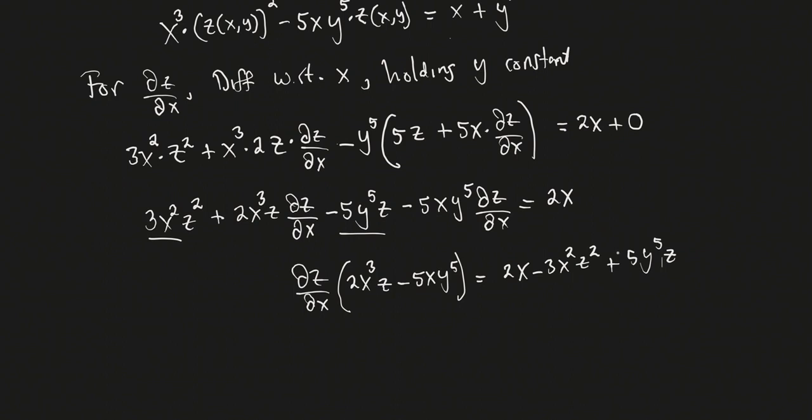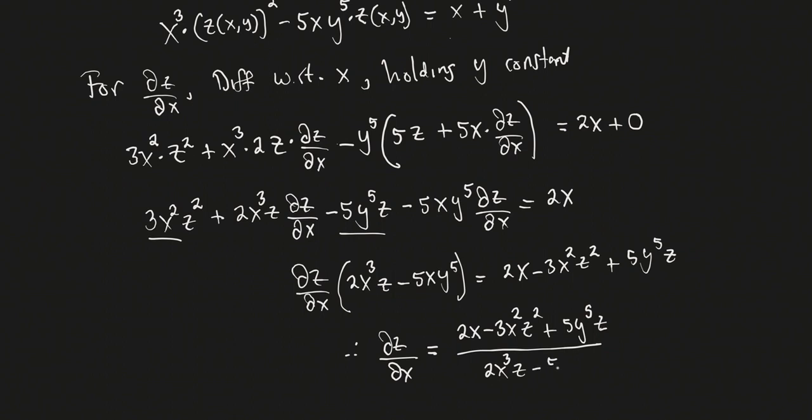And then divide both sides by what I have in parentheses. So therefore, our partial derivative of z with respect to x is equal to all of this divided by what's in the parentheses. So our 2x minus 3x squared z squared plus 5y to the fifth z, all divided by the quantity 2x cubed z minus 5x y to the fifth.